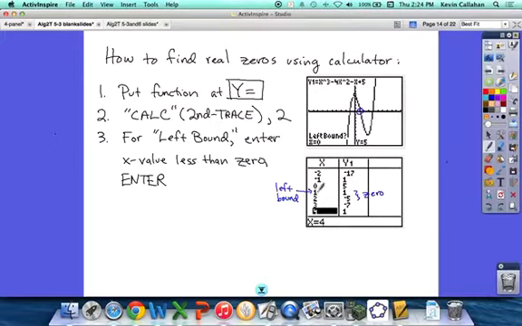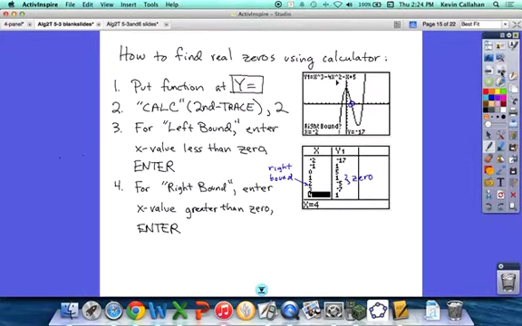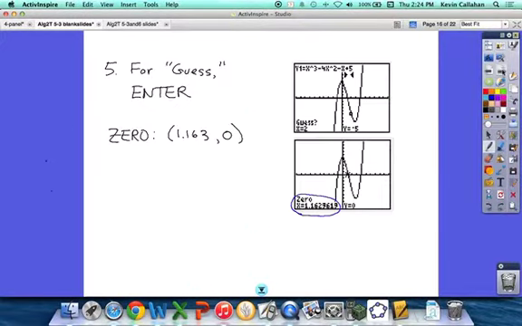Then hit 1, enter. Then it says right bound. What are you going to use for that? Use the 2, because we know that's to the right, but not too far to the right. Enter. Now it's asking you to guess again. Go ahead and guess.